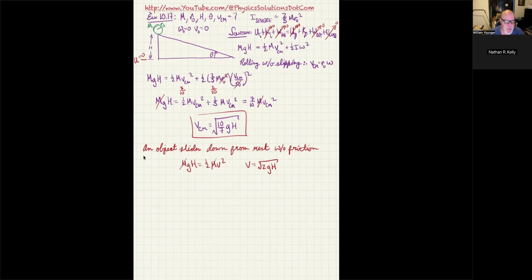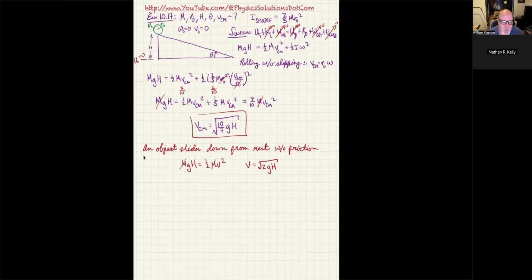All right. Now, your book does a really nice example, conceptual example 10.18, and then it does another example. Actually, no, the 10.19 is the one I want to do. We're going to skip example 10.18. It just says which is fastest. Several objects roll without slipping down an incline of vertical height h, all starting from rest at the same moment.